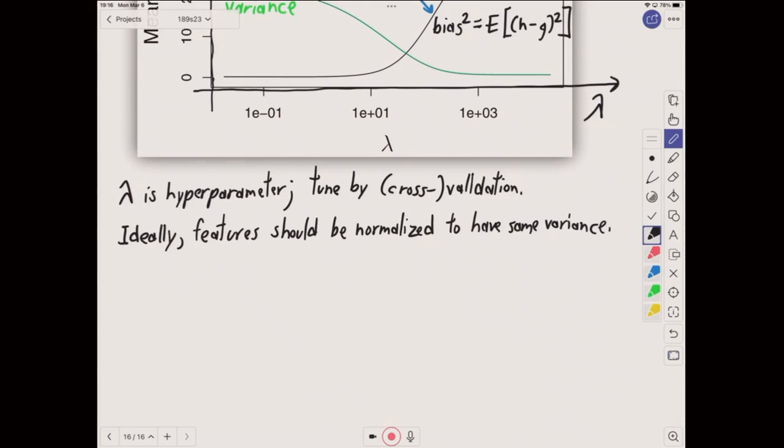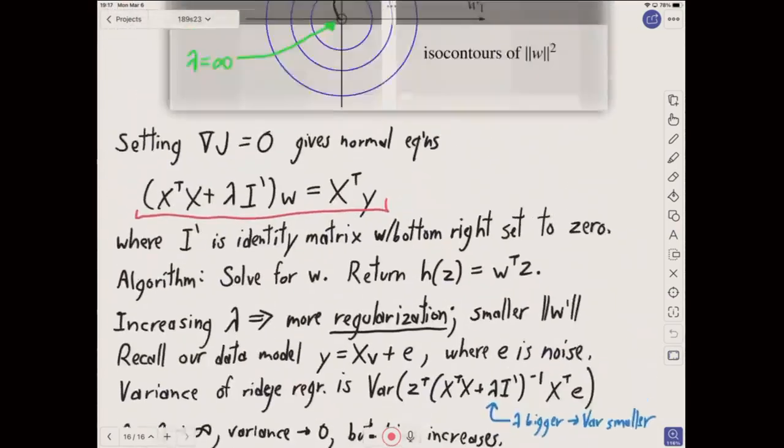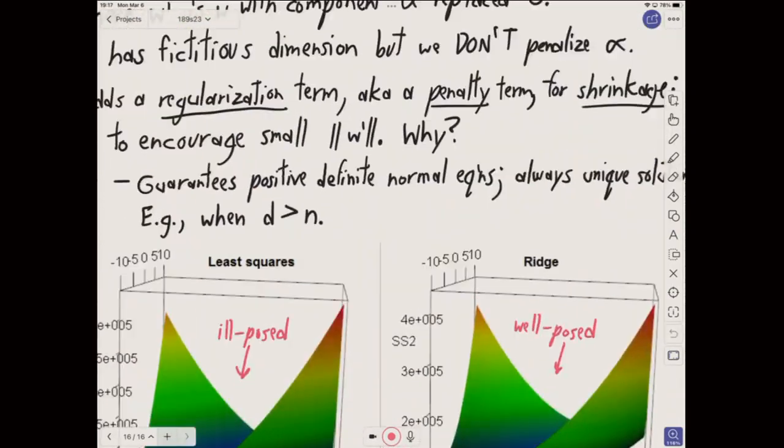Well, why do we need to do that? Well, remember that you might have different features that are completely different units of measurement. So if one feature is measured in miles and one is measured in seconds, they're not comparable to each other. But our penalty term kind of assumes that they are all comparable to each other.